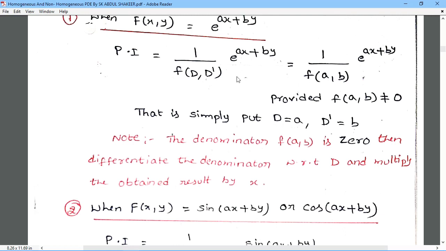Again, if the denominator is 0, then we have to increase the power of x in the numerator. That is, we have to take the numerator as x square.